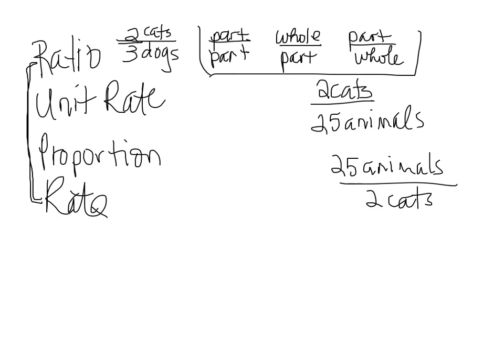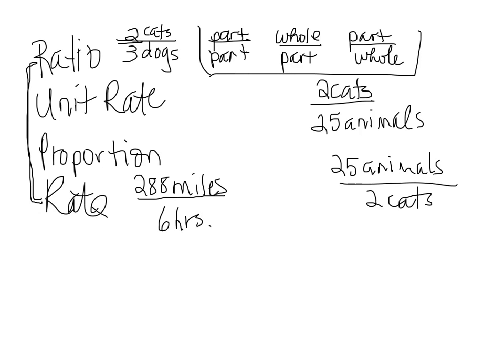Okay, for example, if I said that the Lawson family's rate is 288 miles in 6 hours, what 2 things am I comparing? Am I doing a part to part, a whole to part, or a part to a whole? What do you think? Not a whole to part.